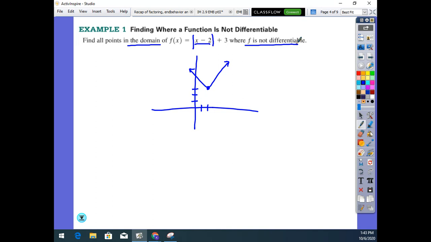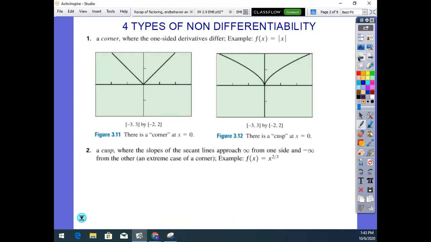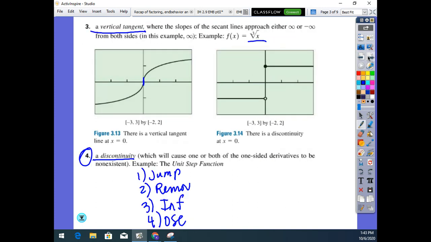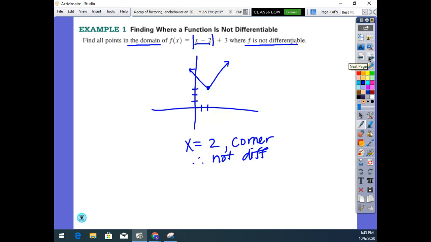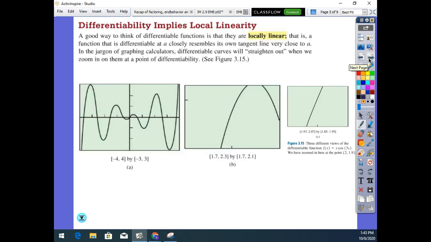It is the x coordinate only. X equals 2 is a corner, therefore not differentiable. So if you see any of the 4 pictures from before, that's where it's not differentiable.